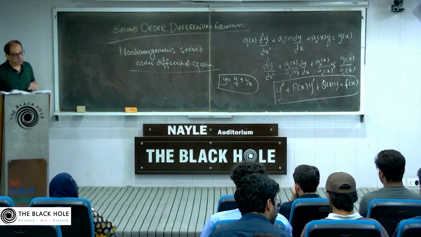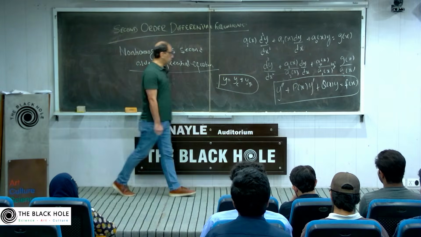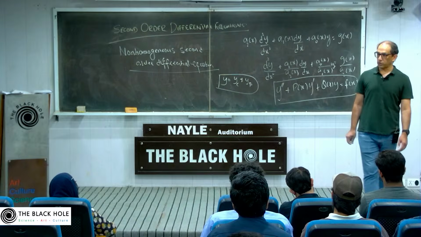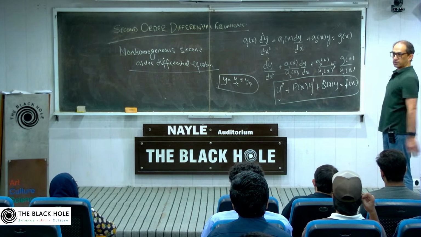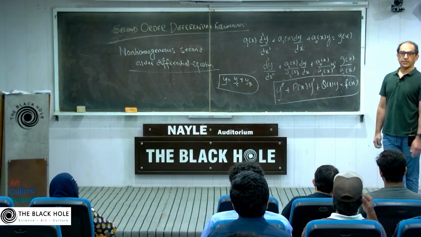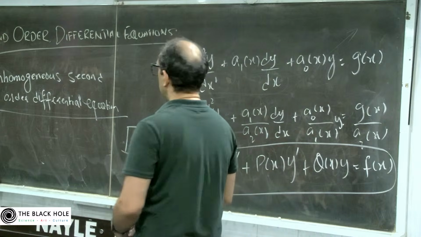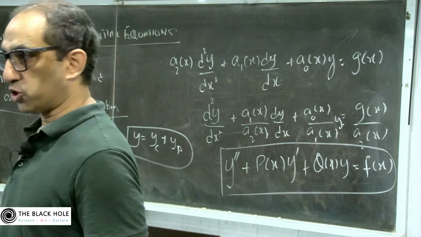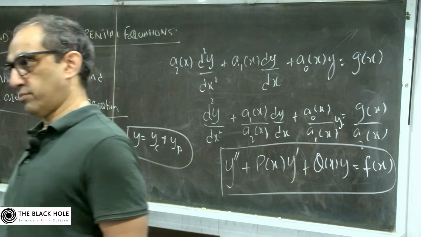And what is the other thing that I would like to talk about? So now I go on and talk about reduction of order. I didn't do any derivation for you in the first order differential equation case because I said I'll do it for a more complex case. So let's do it now. The idea is that if you know one solution of a differential equation, how will you find the second solution?